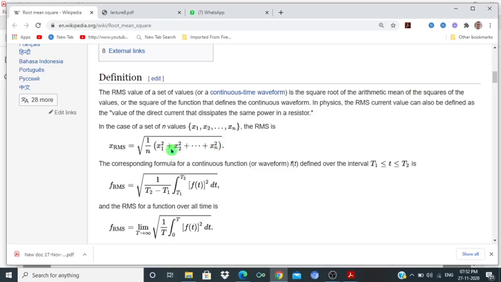For the mean, we simply add the observations and divide by the number of observations. Here every observation is squared, divided by the number of observations, and the root is applied. So this is called root mean square. Generally this root mean square is greater than the arithmetic mean.